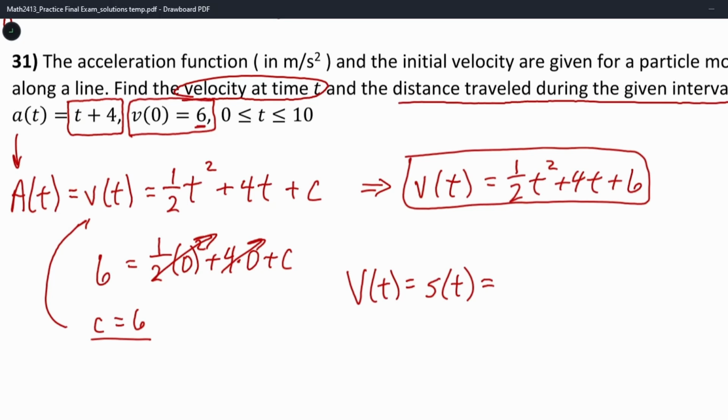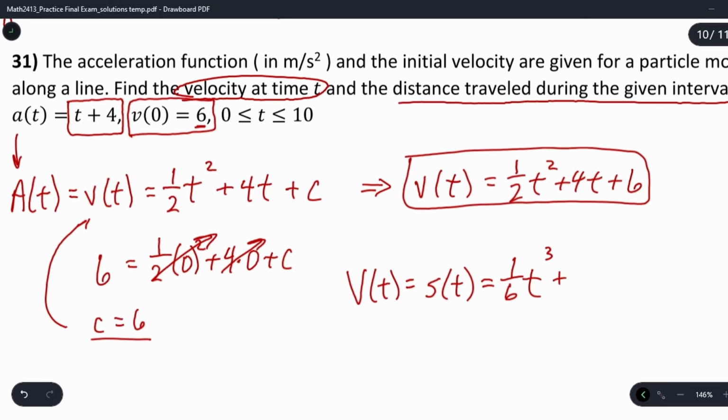So adding 1 to the first exponent gives me t to the third, and then if I divide 1/2 by 3, I get a 6th, plus adding 1 to the next exponent. 1 plus 1 is 2. Dividing 4 by 2 gives me a 2.